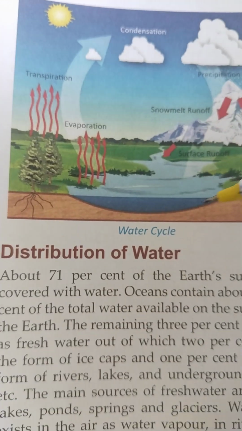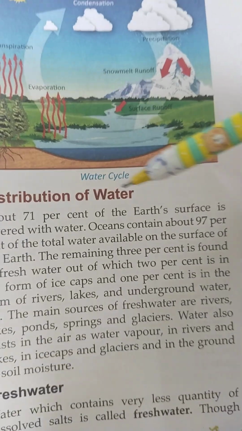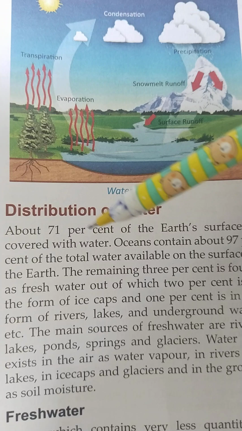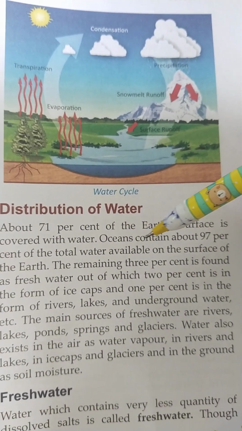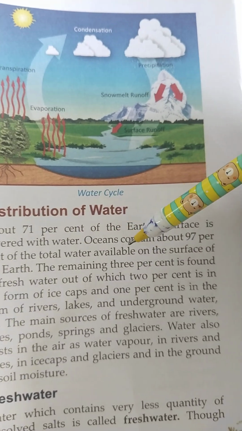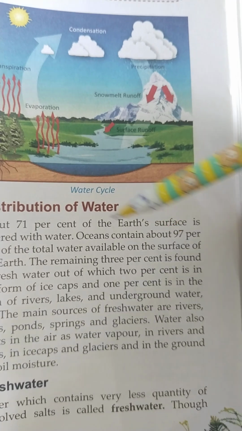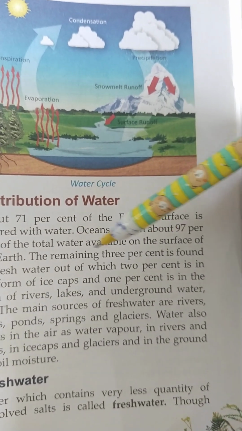Now, distribution of water. About 71% of the earth's surface is covered with water. Of this 71% of water which covers the earth's surface, 97% is available in the ocean.